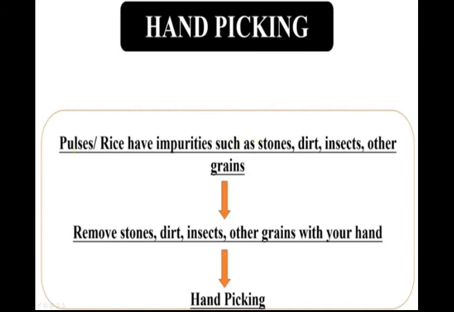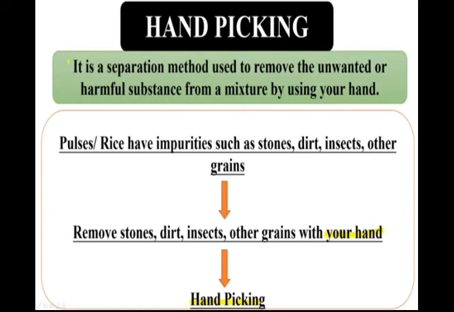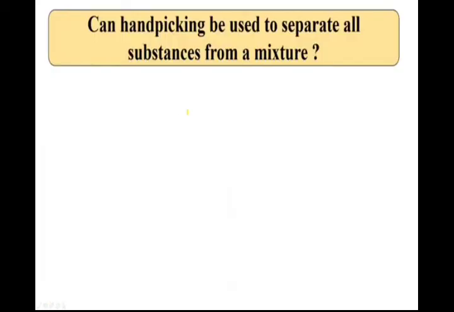So pulses and rice have impurities such as stones, dirt, insects, other grains. To remove those with your hand, that is a simple method called hand picking. What is hand picking? It is a separation method used to remove the unwanted or harmful substance from a mixture by using your hand. Okay.